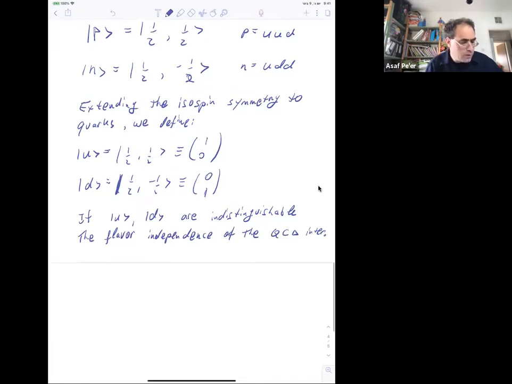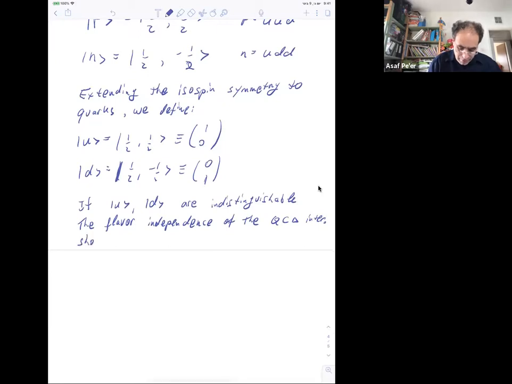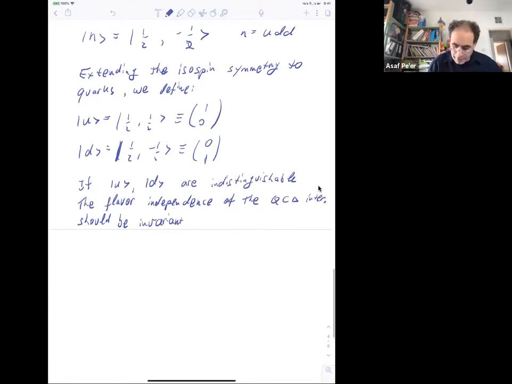should be invariant under a general unitary transformation, right? We can mix them.